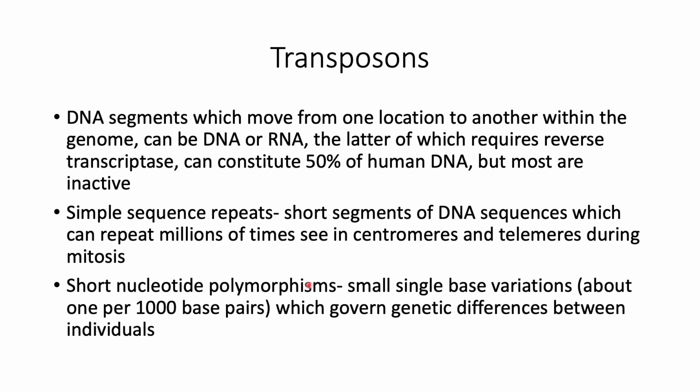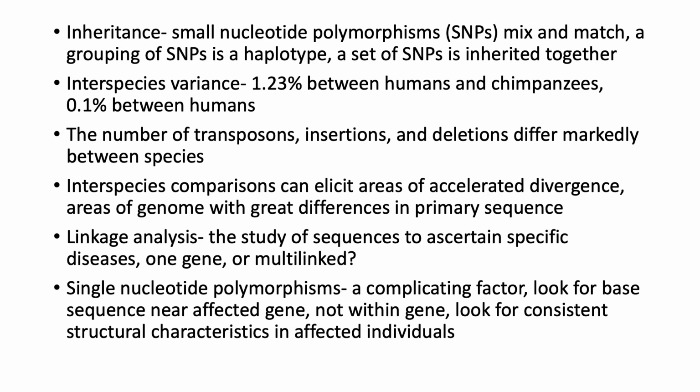There are single nucleotide polymorphisms. These are small single base variations, about 1 per 1,000 base pairs, and they govern genetic differences between individuals. So for inheritance, we talk about single nucleotide polymorphisms. They mix and match. A grouping of these polymorphisms is a haplotype, and a set of these haplotypes is inherited together.